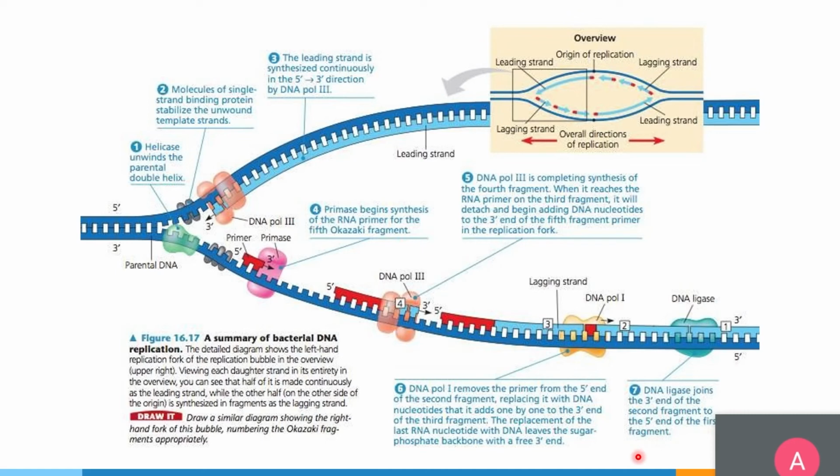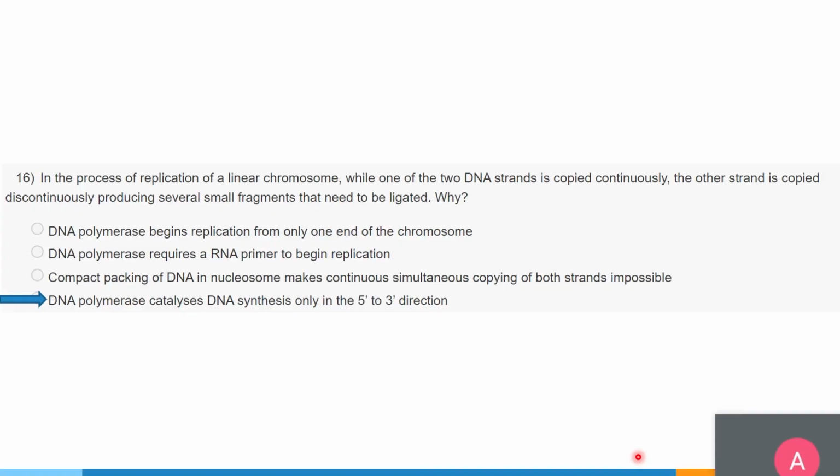And thus the DNA replication continues. Thus, when we go back to the question, it is obvious that the second strand, or the lagging strand, is synthesized discontinuously because DNA synthesis by DNA polymerase only occurs in the 5' to the 3' direction.